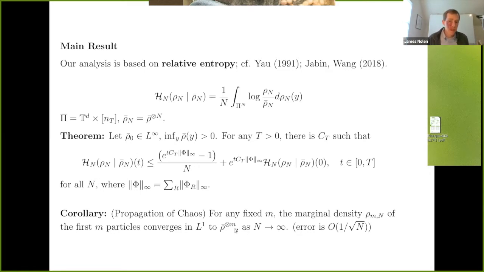This is a consequence of Pinsker's inequality. And because you have the 1 over n error here, the error would be 1 over root n, assuming that the initial relative entropy is of that size.